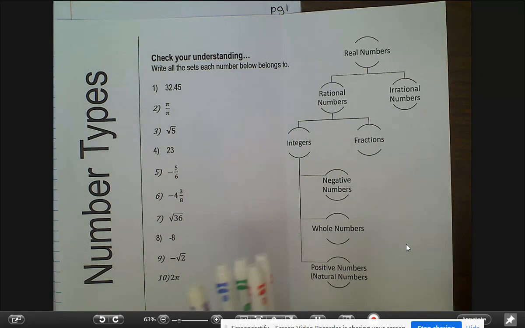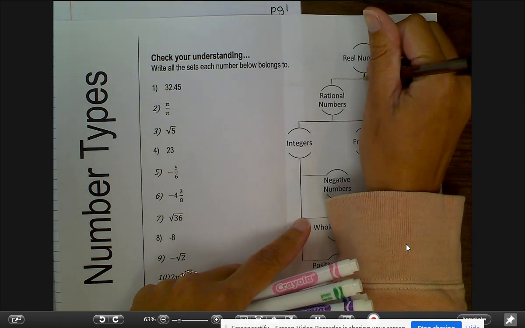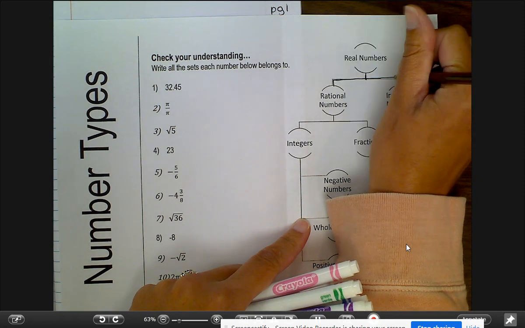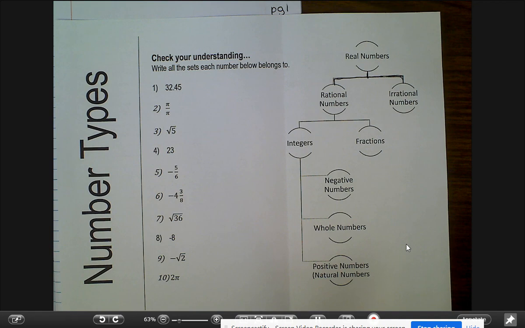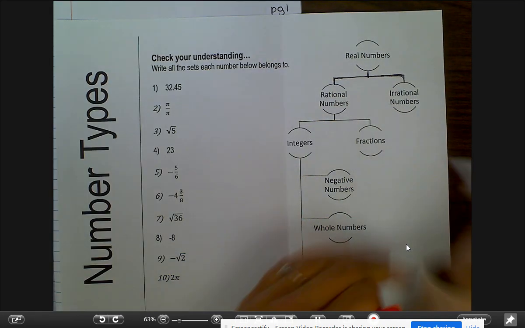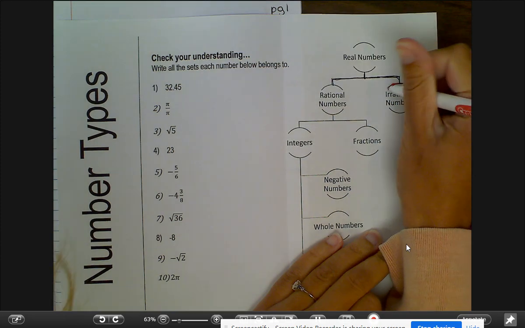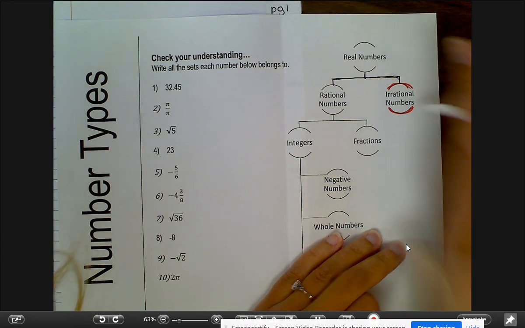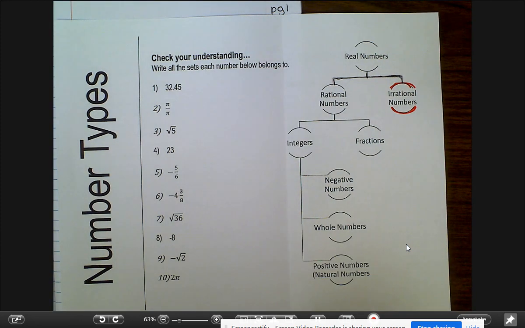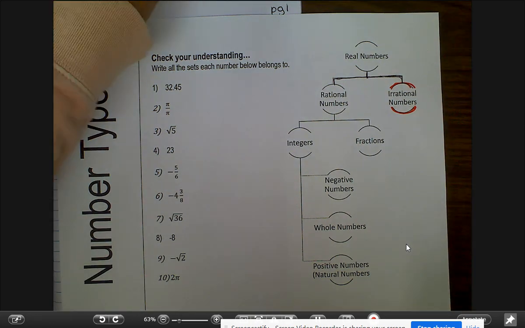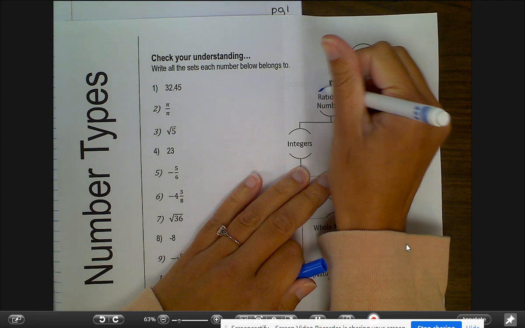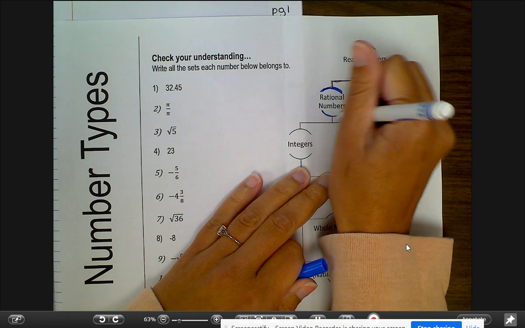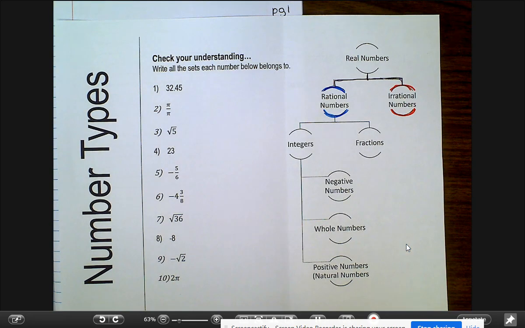And then once we have real numbers, they can go off into 2 different categories. So at that point, you have to make a choice with your number. Either your number is irrational, and I do that in red because irrational numbers are kind of kooky, or you are rational. You can only be one or the other. You cannot be both. Okay?